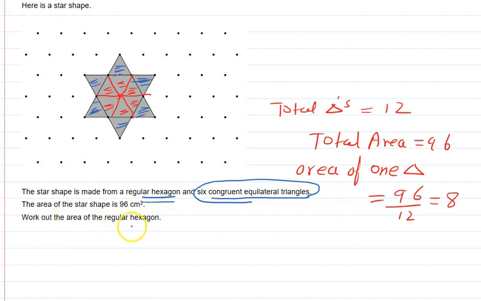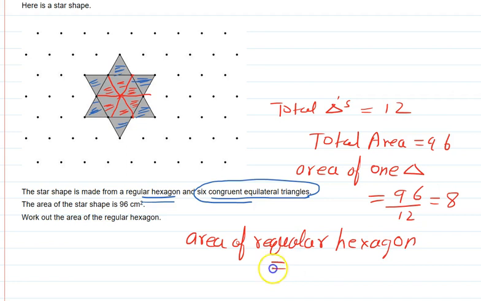Work out the area of the regular hexagon. So regular hexagon, how many triangles are there? 1, 2, 3, 4, 5, 6. There are 6 triangles. Regular means all sides are equal. So 6 times 8, that is 48 centimeter square.